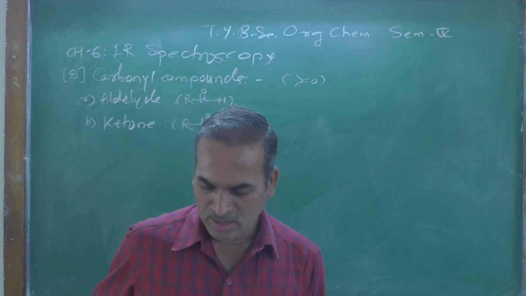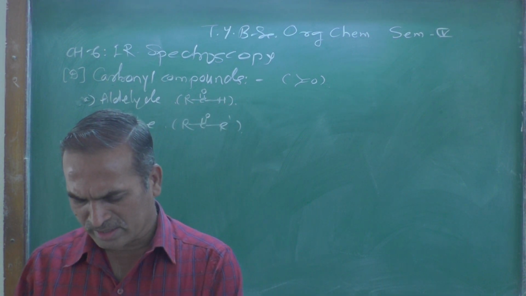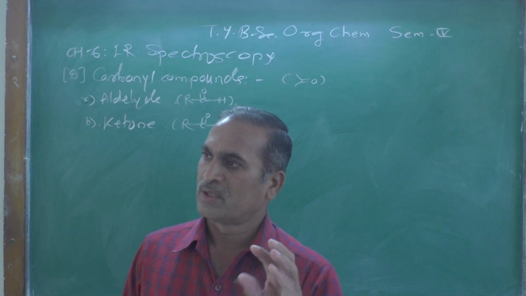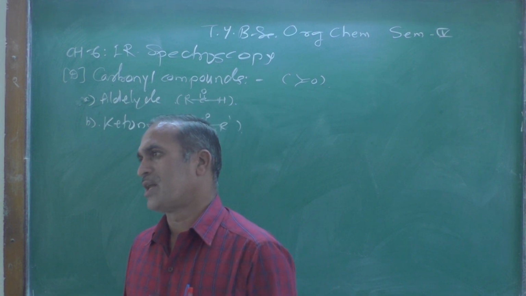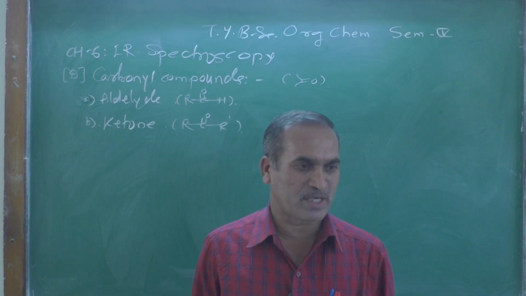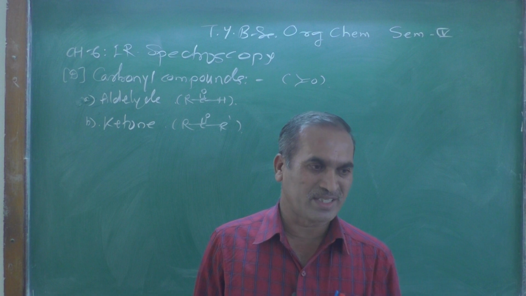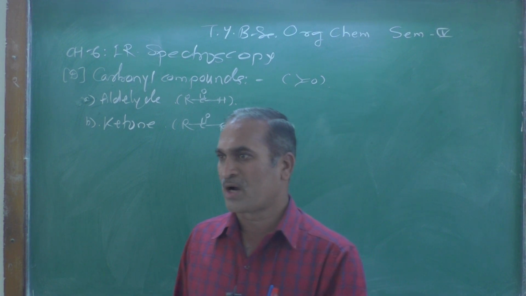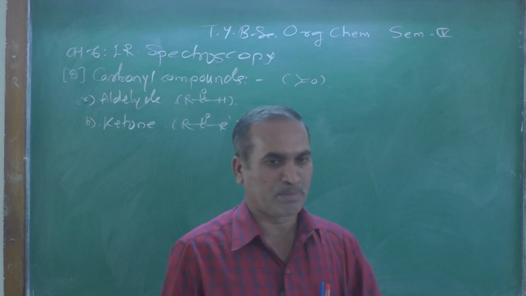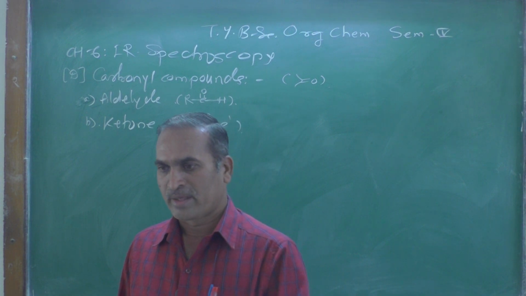The ketone we have also discussed, producing only one prominent and the most informative peak observed in the IR spectra, due to the presence of the carbonyl group around 1710 to 1715 per centimeter.